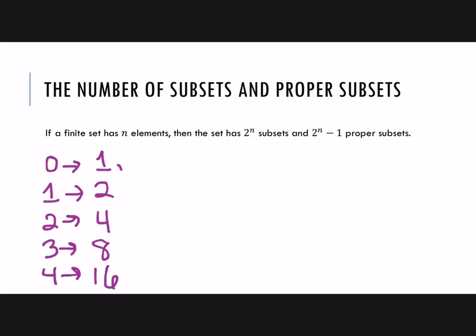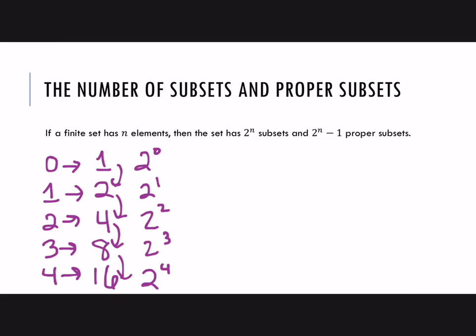You can see this pattern, we're going up, multiplying by 2's. This is 2 to the first, this is 2 squared, 8 is 2 cubed, 16 is 2 to the fourth, and you may also remember that 2 to the 0th is equal to 1.